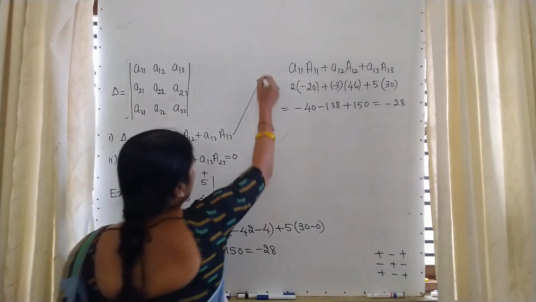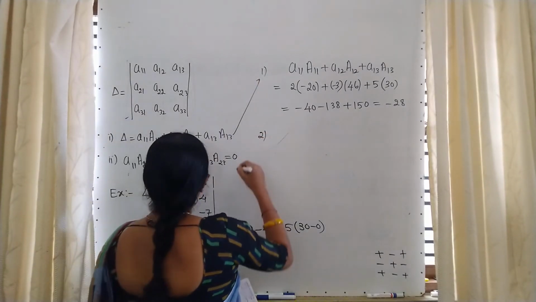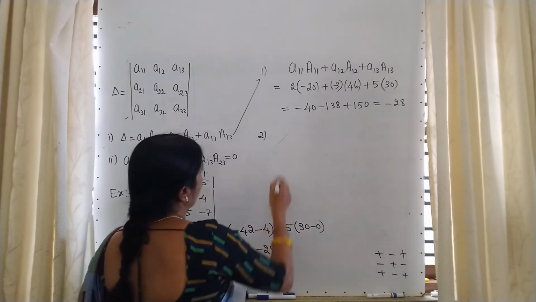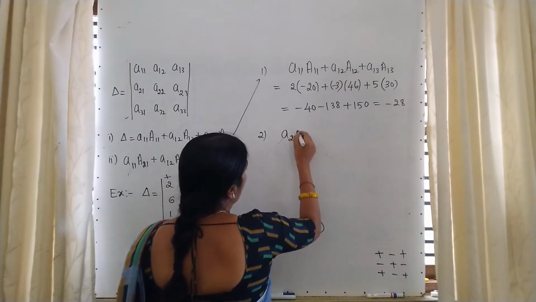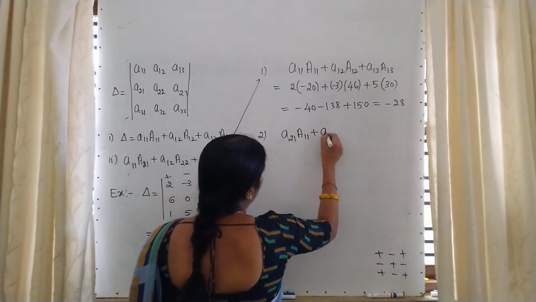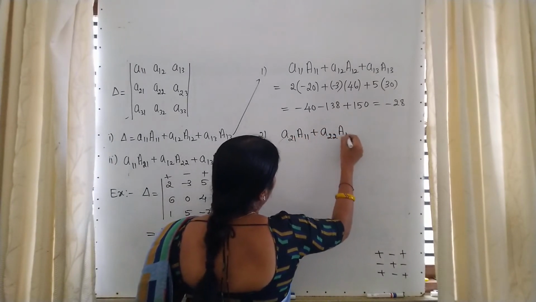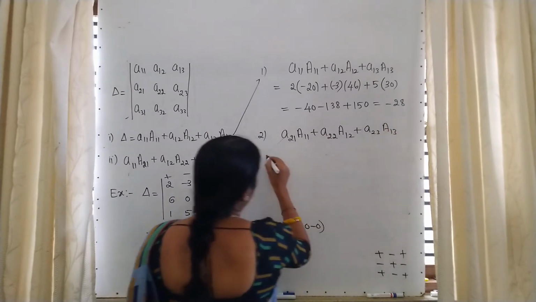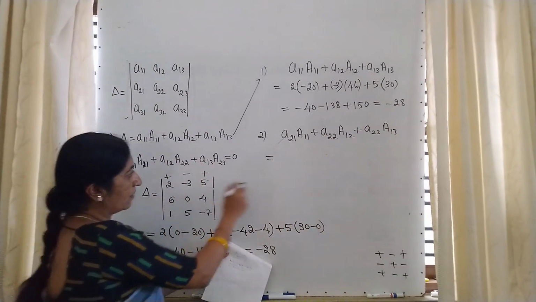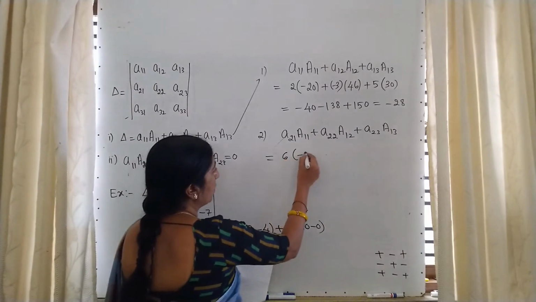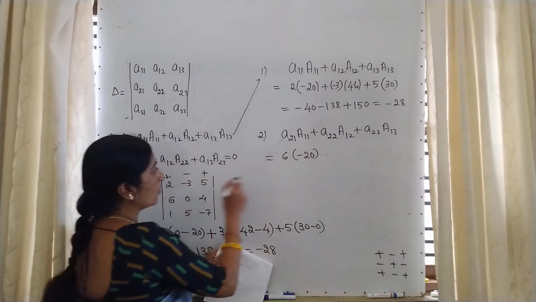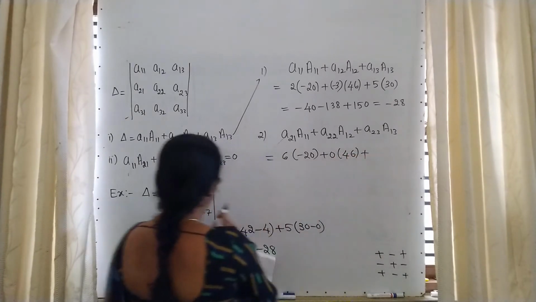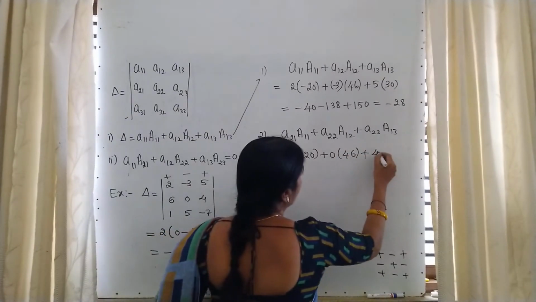Moving to the second one. If you are taking the elements of any row and the cofactors of a different row, here I am taking second row elements and first row cofactors. Second row elements are what? 6, 4, 1... with cofactors minus 20, 46, 30.